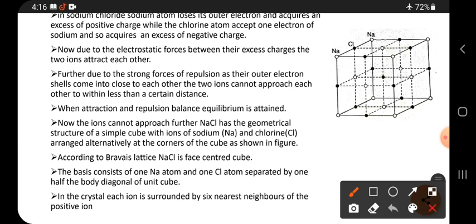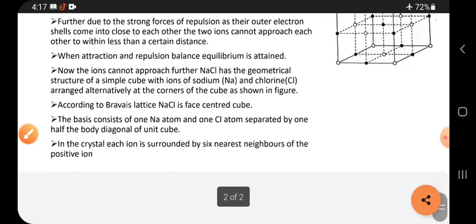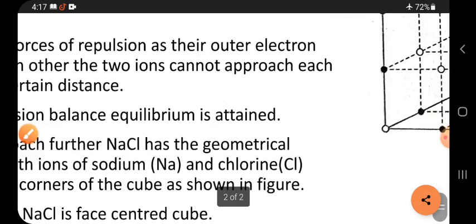The last point is, in the crystal, each ion is surrounded by 6 nearest neighbors of opposite charge.